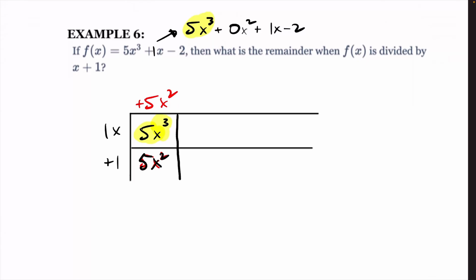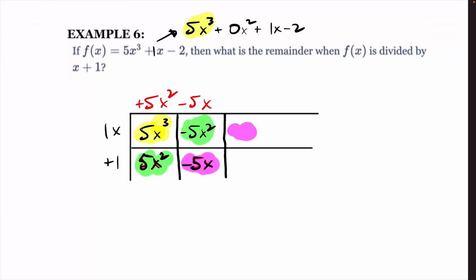Okay. Next color. Those need to make 0. So those are going to be negative 5x^2. Negative 5x. Negative 5x. Close the box.